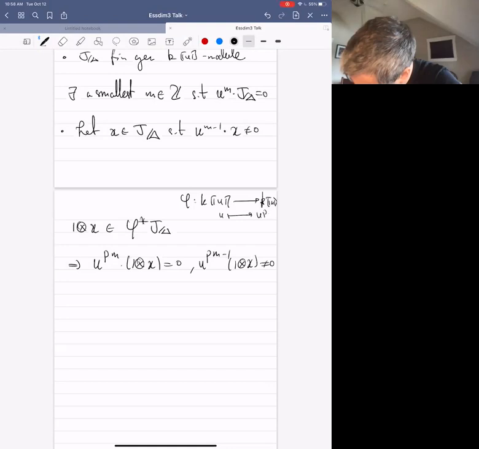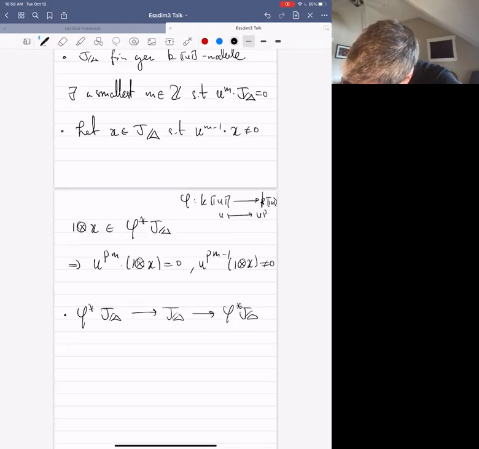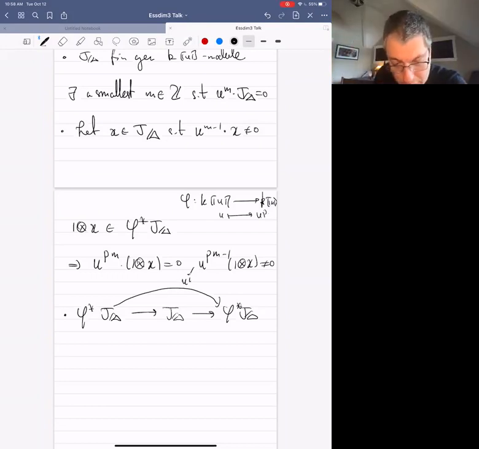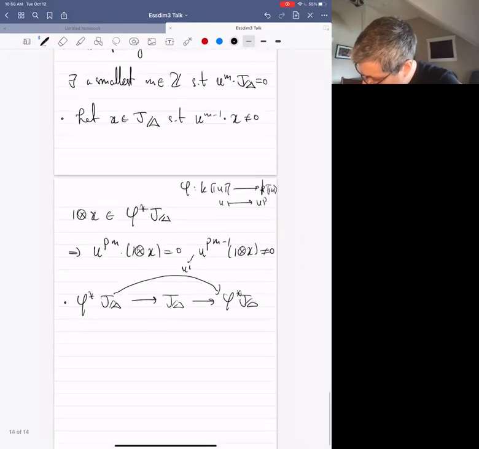And now what we do is I just look at the sequence of maps that I had before. Okay, so the composite is u to the I. I will be equal to g in the application, but let's do it this way.